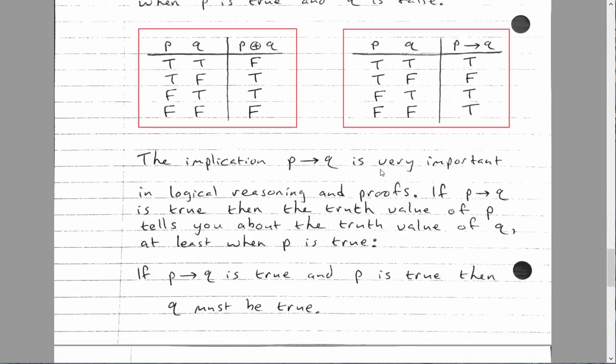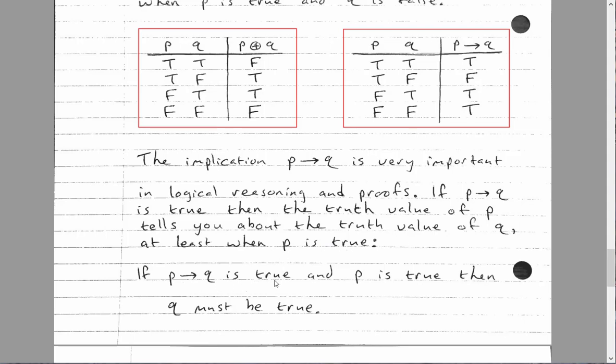Alright, so this implication is very important when we're looking at logical reasoning later and proofs. If the implication is true, then the truth value of P tells you about the truth value of Q, well, at least when P is true.